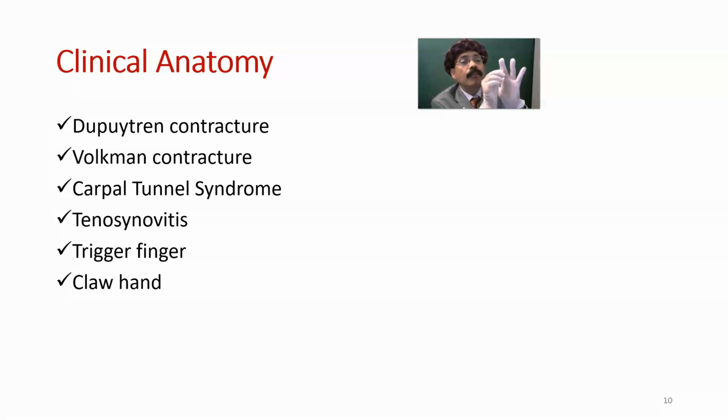There may be a ball formation, so suddenly one finger is flexed and may not go back to the original position. That may be due to narrowing of the synovial passage of the tendon, or a fibrous band, or a ball valve that has developed. It can be managed conservatively or by surgery.